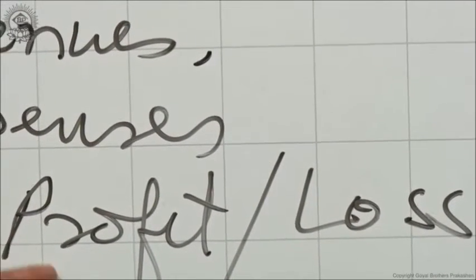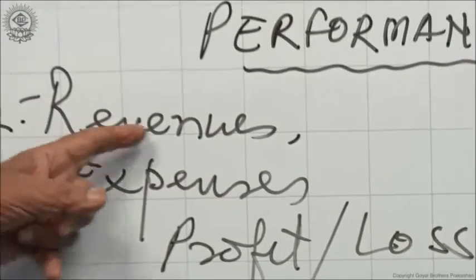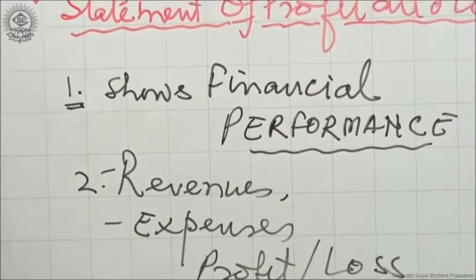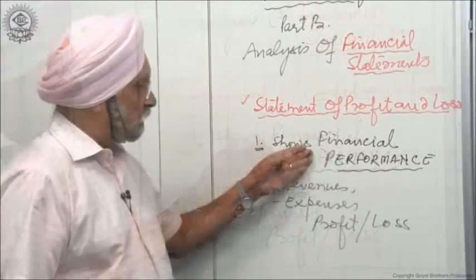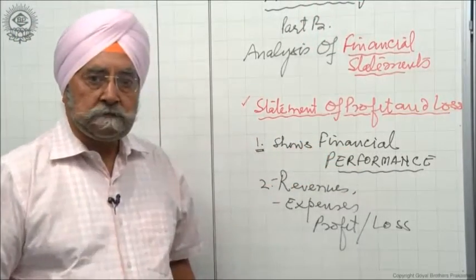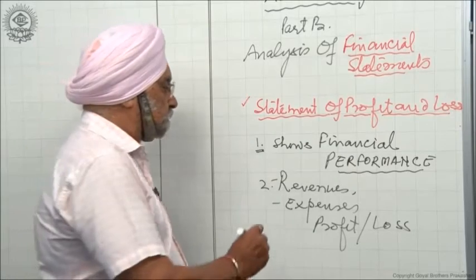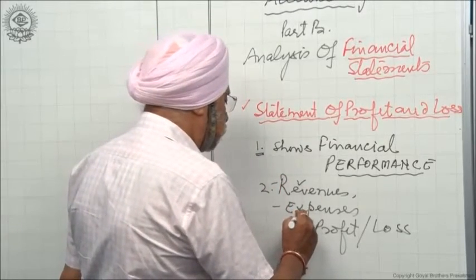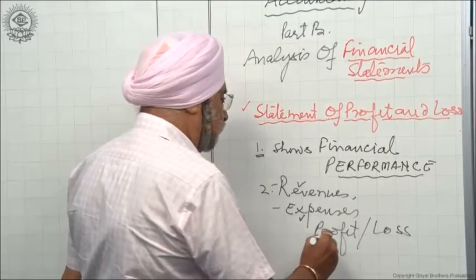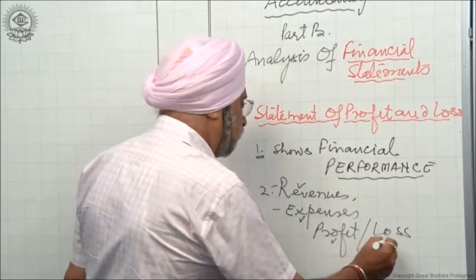If revenues are more than expenses, it is profit. If expenses exceed the revenues, it is loss. So, statement of profit and loss account, financial performance, and it covers revenues, expenses, and it shows profit.